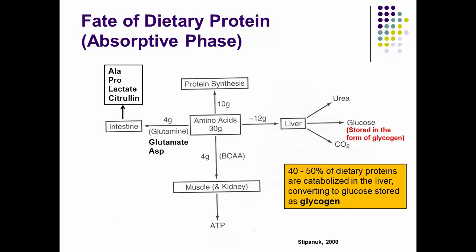We need proteins. And 12 grams of amino acids will go to the liver for metabolism, and 60% of those go to the glycogen synthesis pathway.